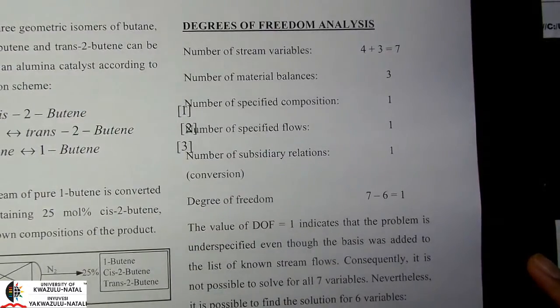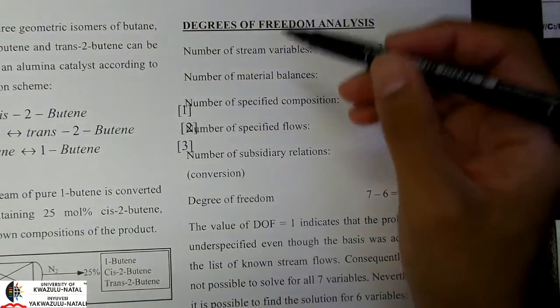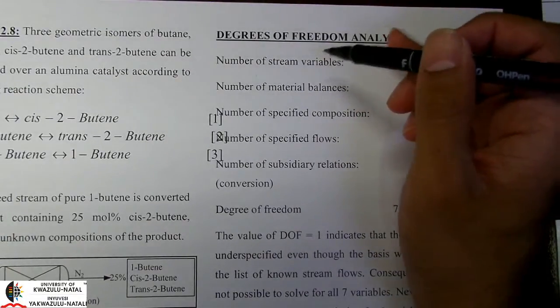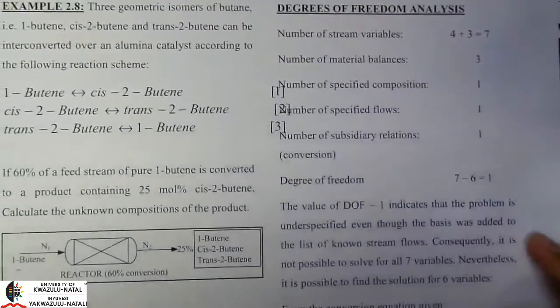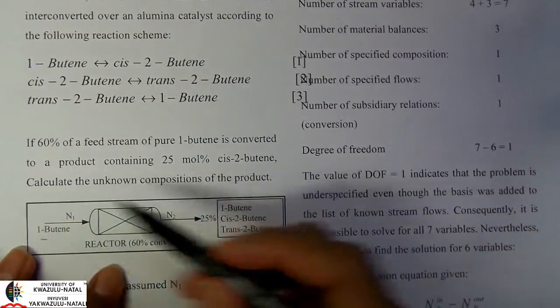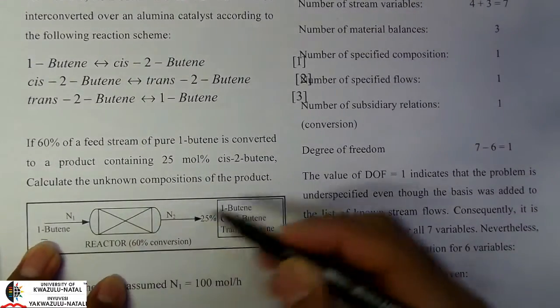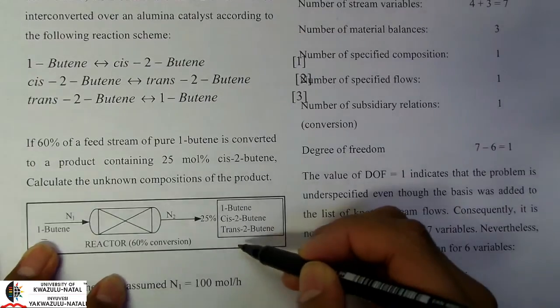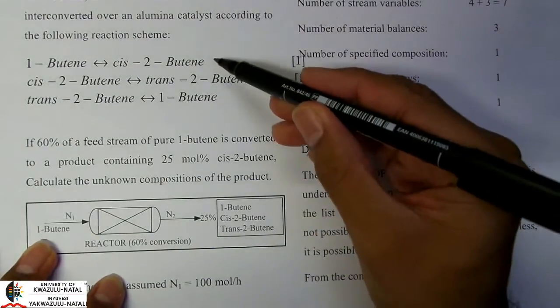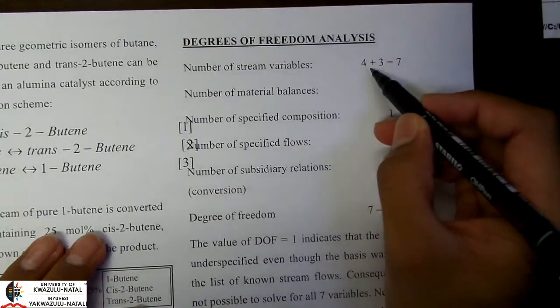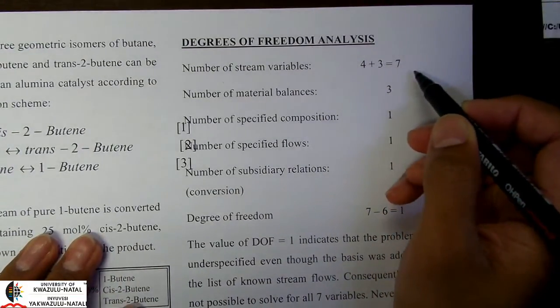So let's look at a degree of freedom analysis, considering the number of variables. We have our stream variables, that's 1, 2, 3, 4, and of course 3 reactions. So it's 4 plus 3, which is 7.